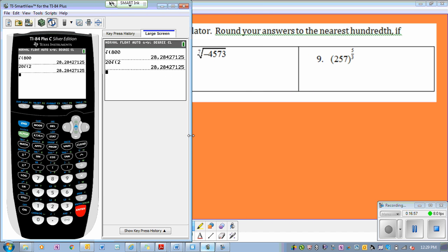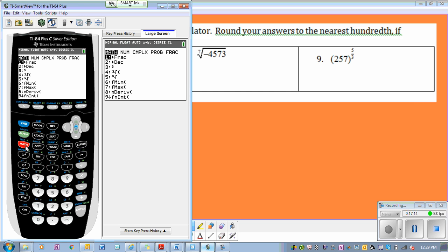Seventh root, all right. Since it's the 7th root, I'm going to put 7. Okay. Math. Is it number? No, it's 5. Sorry, it's just 5. Math and then 5.